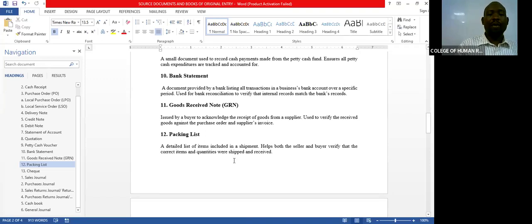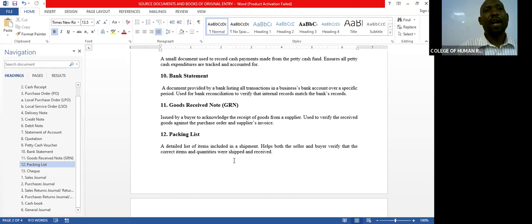Then lastly, we have the packaging list. Sometimes we call it the packaging sheet, which is a document that is normally prepared and packed in each and every container. So the delivery note is going to have a summary of the entire consignment. But the entire consignment can be, for example, 10 cartons.